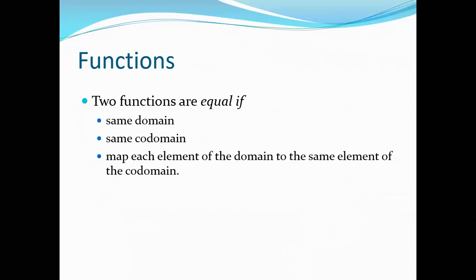But in mathematics, when you say map, you're talking about going from an input to an output. A function maps an input point to an output point. That arrow is showing us where it maps to. So same codomain, same domain, and map each element of the domain to the same element of the codomain. I mean, come on. Obviously, that's what it means to be equal as functions, correct? Just everything has to basically be the same.